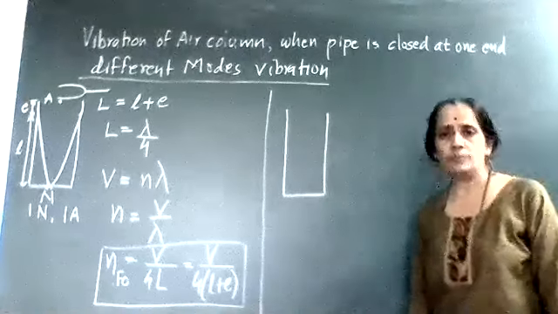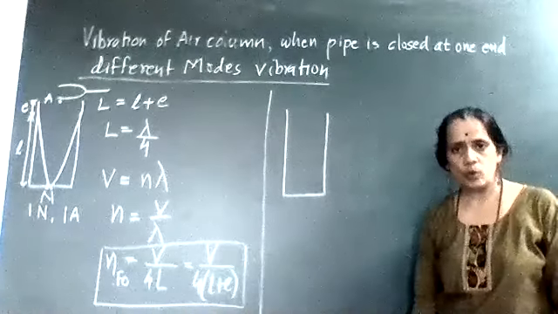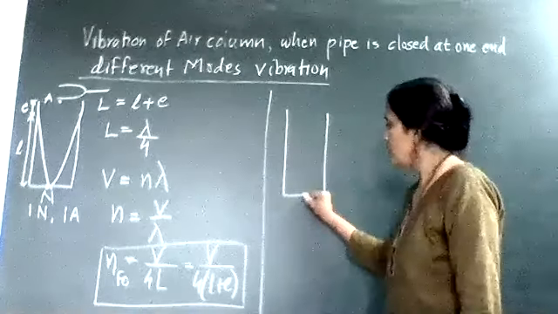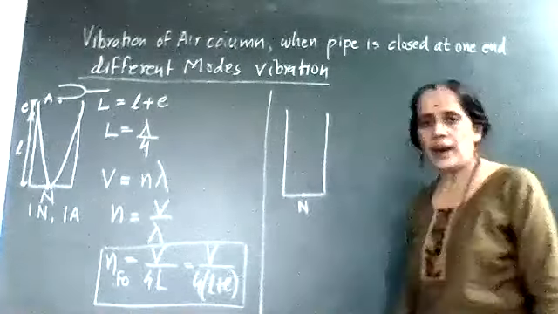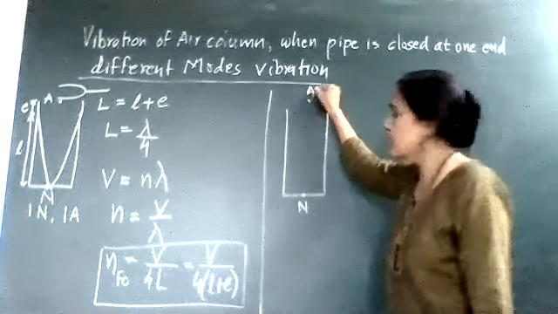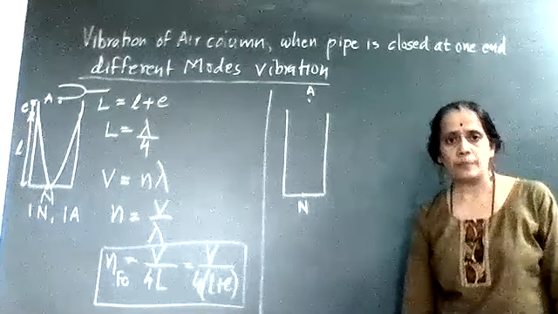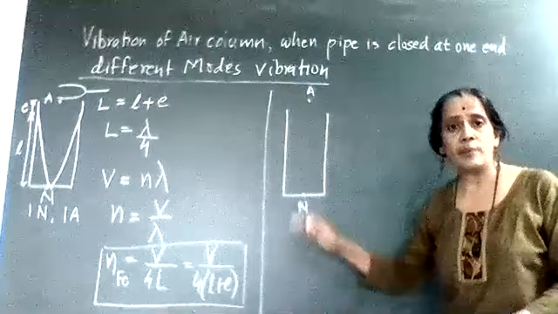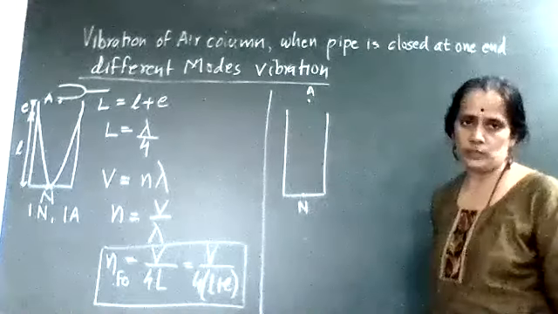Again same consideration. The pipe is closed at one end. So a node will be formed at the closed end and an antinode will be formed at the open end. But now here your air column is vibrating in the second mode of vibration.